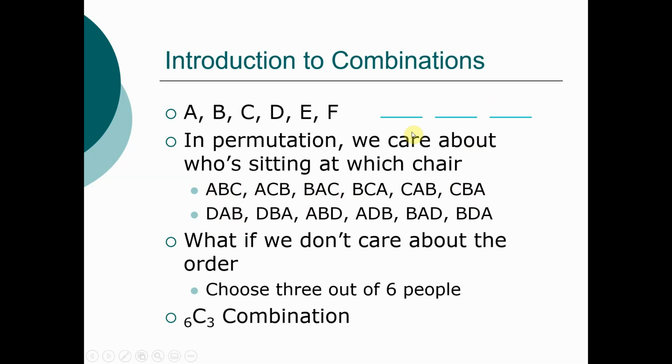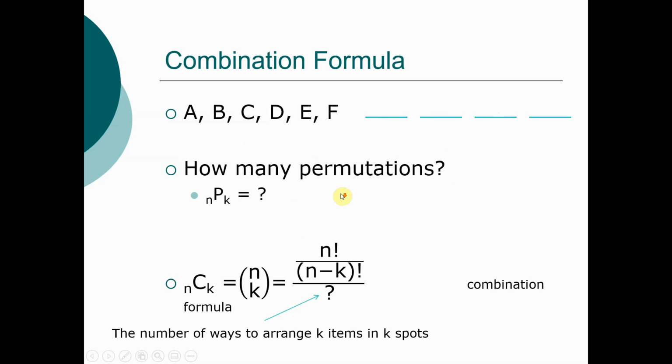A, B, D is going to be counted 6 times, 3 factorial times, and so on. So in order to convert this to a combination problem, we basically have to divide our permutation by all the 3 permutations of the selected objects.